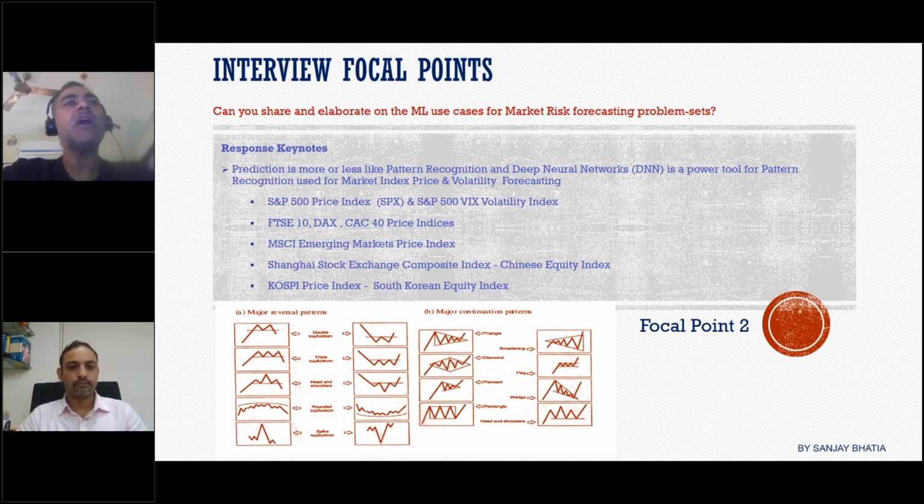Sometimes there would be a double top or bottom, a kind of pattern in how the stock price would go. There would be triple top and bottom, head and shoulders, rounded top and bottom, spike top and bottom. All these are different examples of patterns.